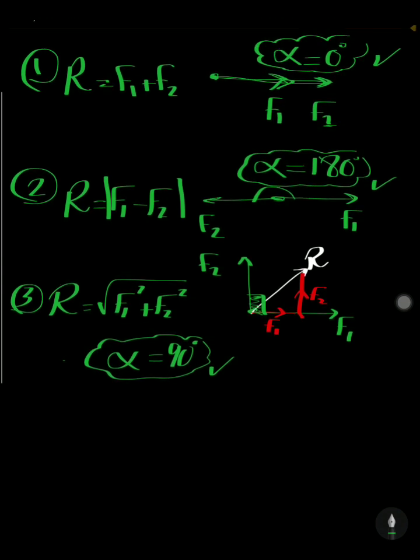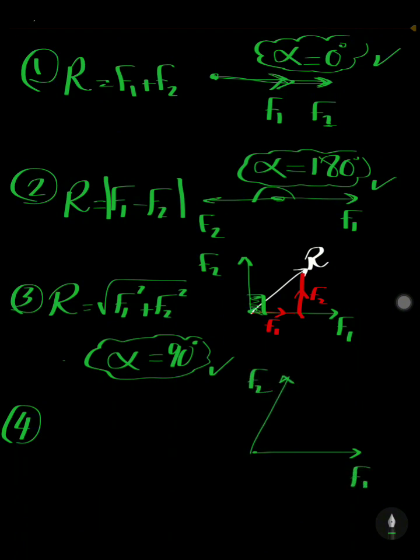If alpha is another number, like 45, 60, 120, how can we find the resultant in this case? To find the resultant in this case, if the angle between the two forces is alpha, not equal 0 or 180 or 90, another number like 60, 45, 150, and so on, we use cosine law that we take in trig.